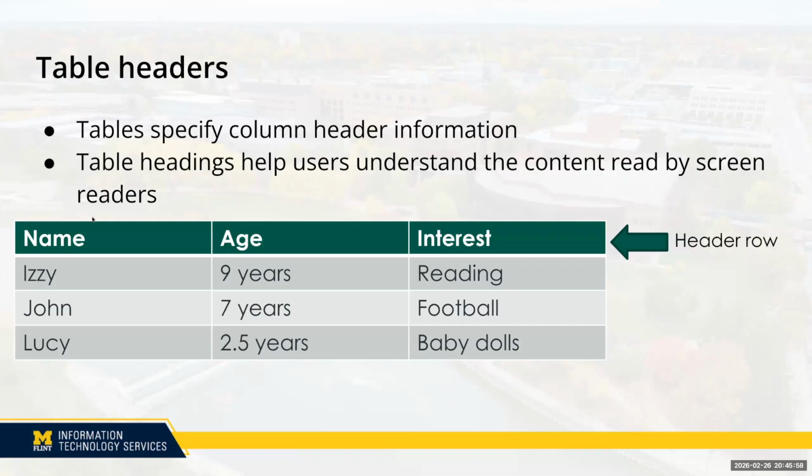This table has a header row that has name, age, and interest, and it's green with bold white font. And then each column underneath is black font with banded gray rows. These headers help users know what each piece of information represents.